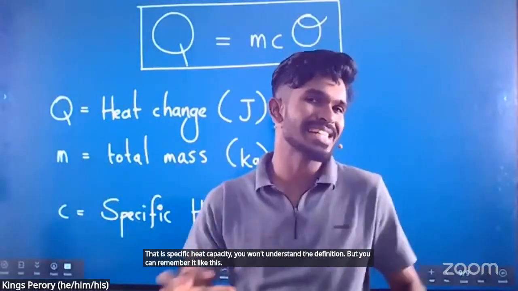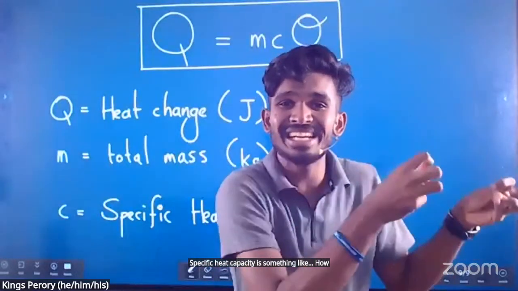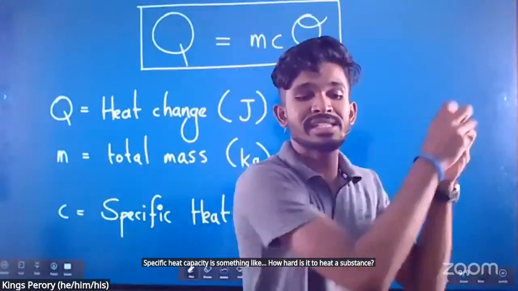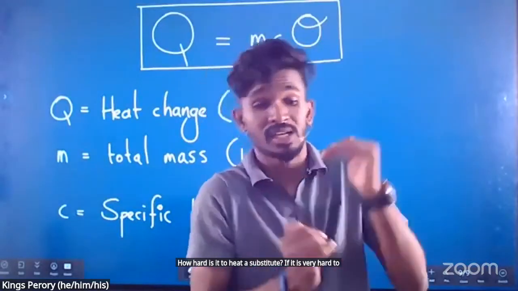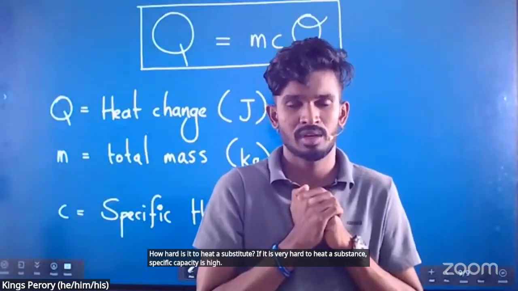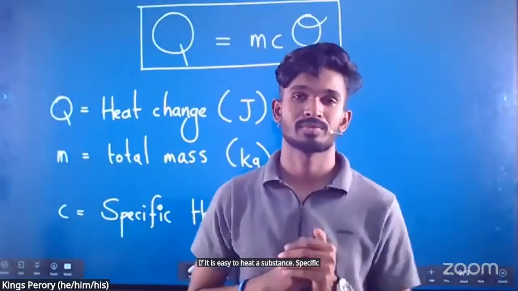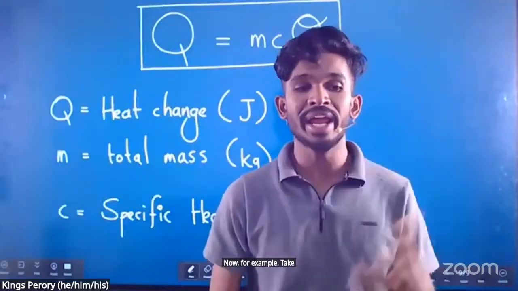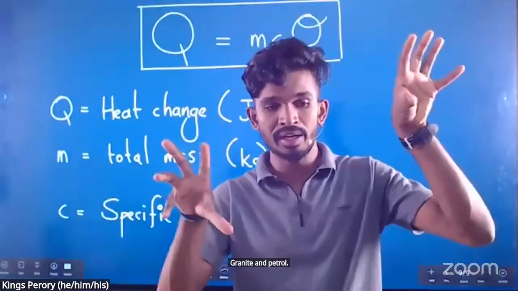Specific heat capacity is something like how hard it is to heat a substance. If it is very hard to heat a substance, specific heat capacity is high. If it is easy to heat a substance, specific heat capacity is low. Now, for example, take granite and petrol.